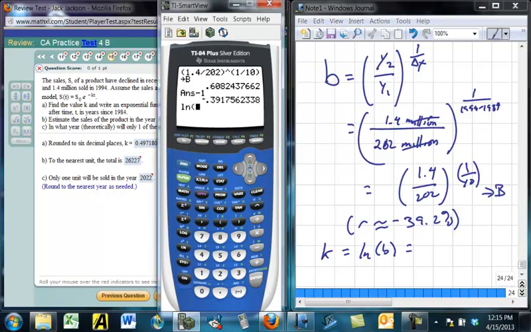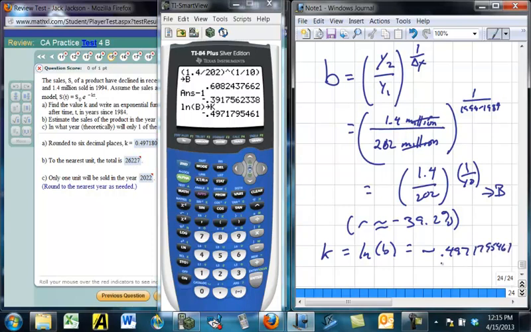So if we just do natural logarithm of alpha b, and let's store that as r. No, it's not r. It's k. Stored as k. Negative 0.4971795461, or about negative 49.7%.